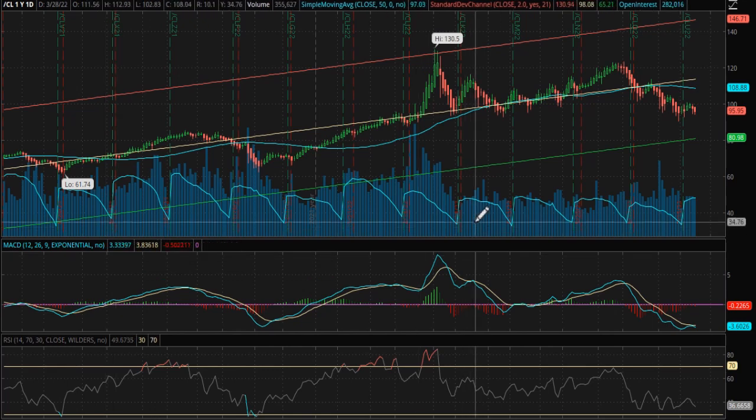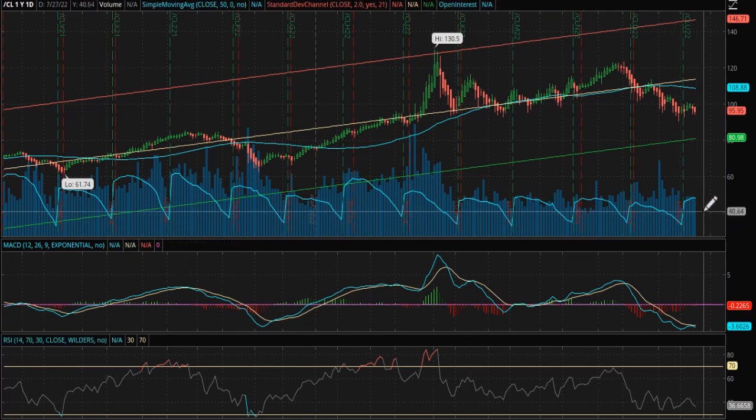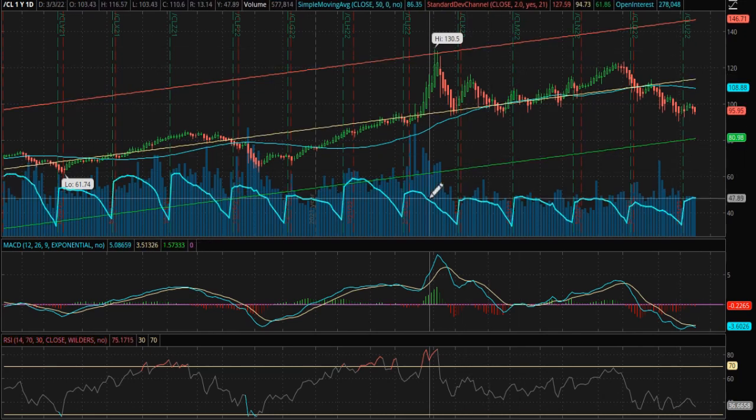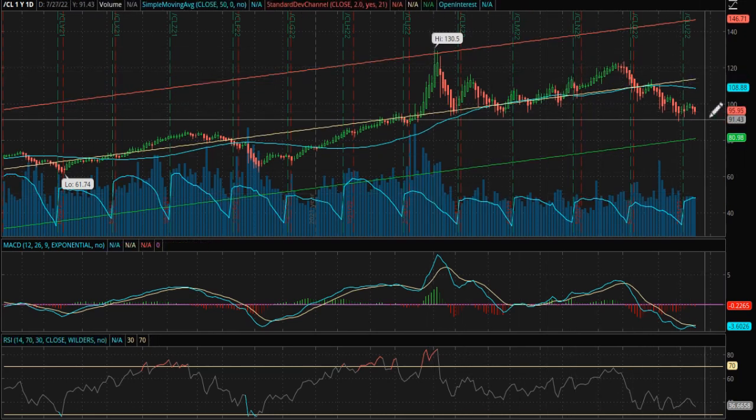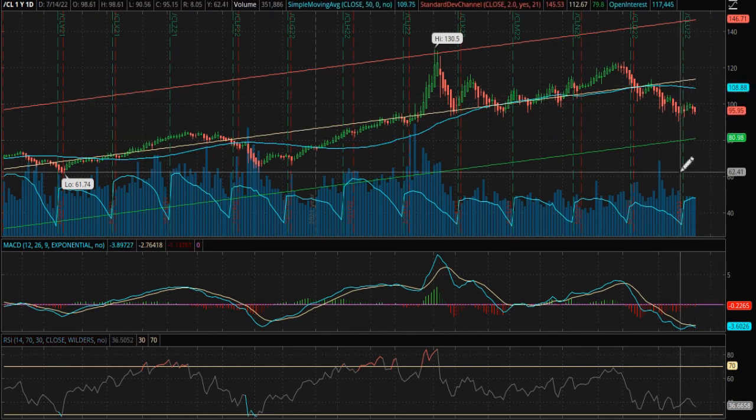Crude oil here, a little bit of relief. Gas pressures coming down a little bit. So here at $95 a barrel from the high of 130, still in the downtrend. With the economy going in shambles and interest rates rising, we've seen this story before.